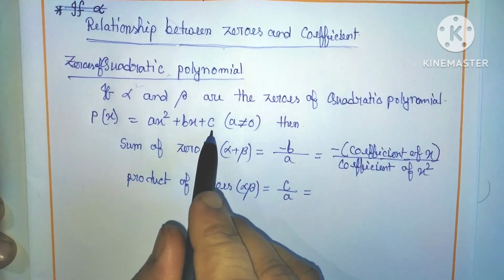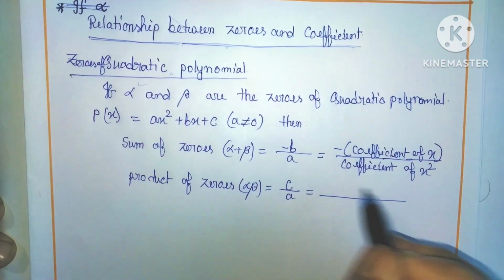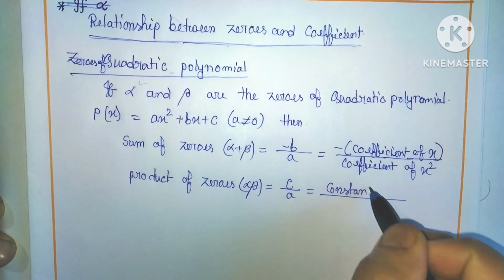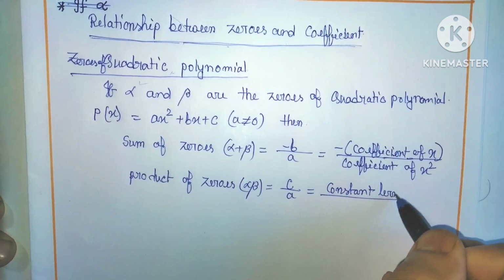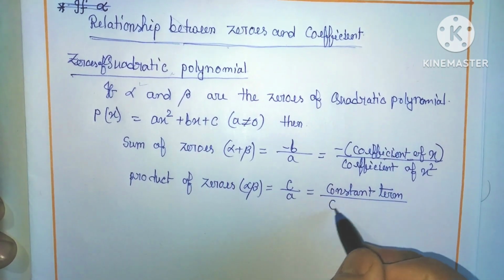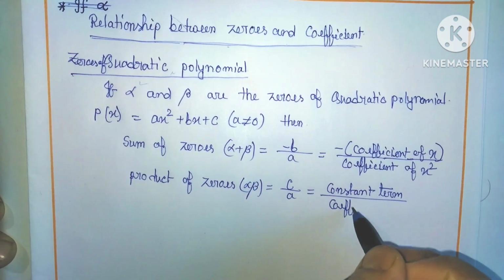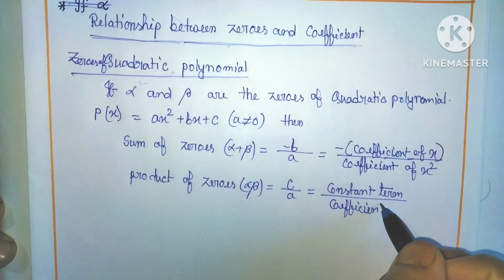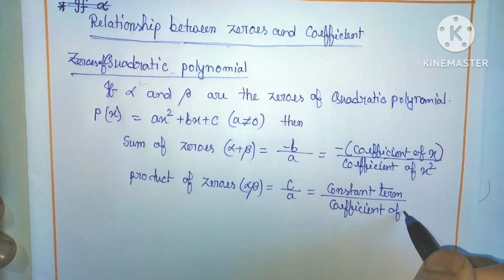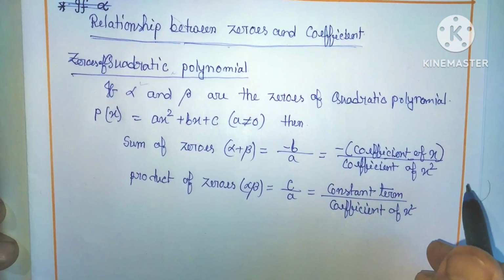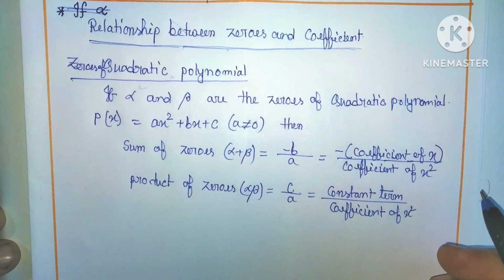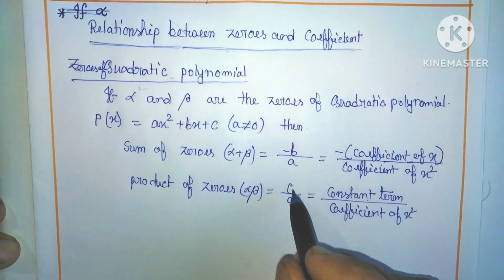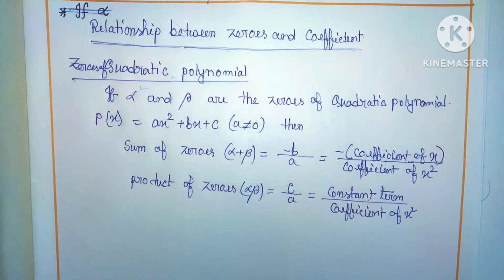C means constant term, no variable included, so constant term divided by coefficient of x square.